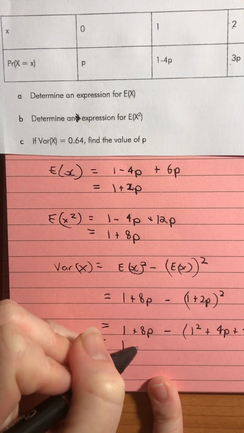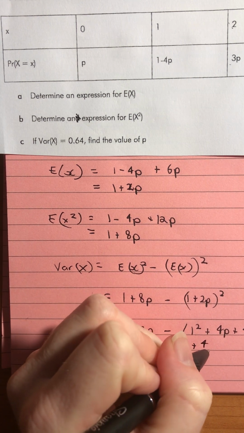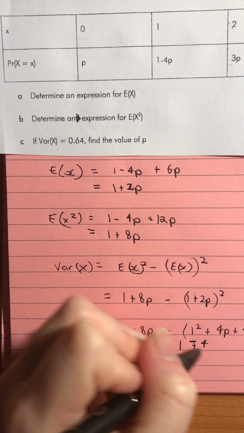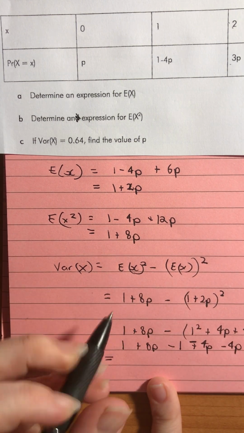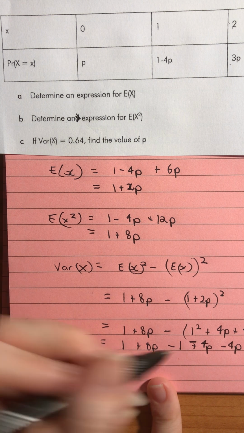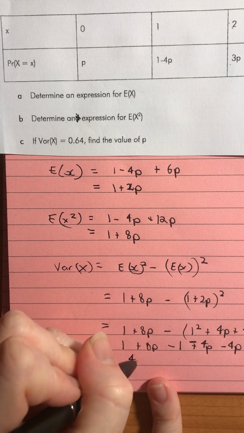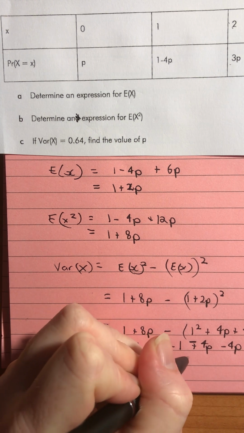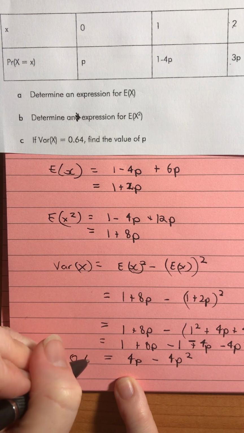So we end up with 1 plus 8p, take away 1, plus 4p, but that will be a minus, and then minus 4p squared. So we end up with 1, and take away 1, that'll cancel out, and we get 8p take away 4p is 4p, take 4p squared, and we've been told that that is equal to 0.64.